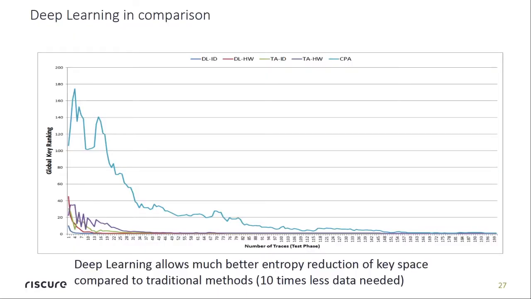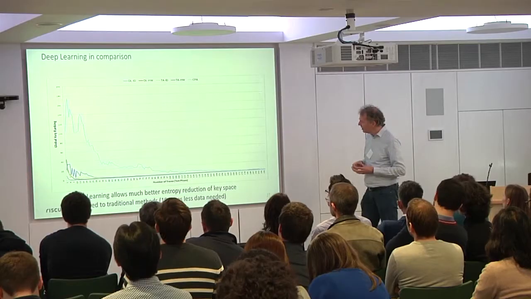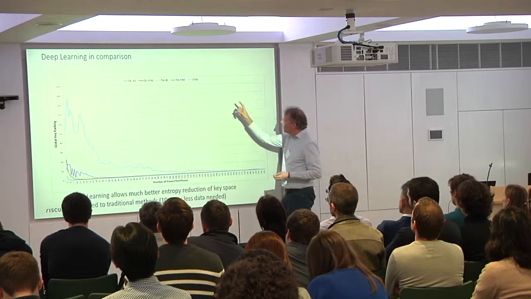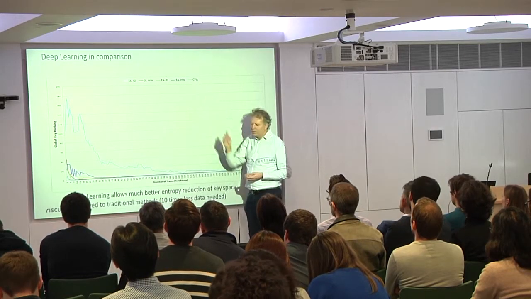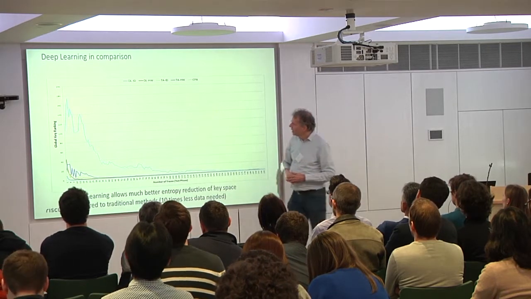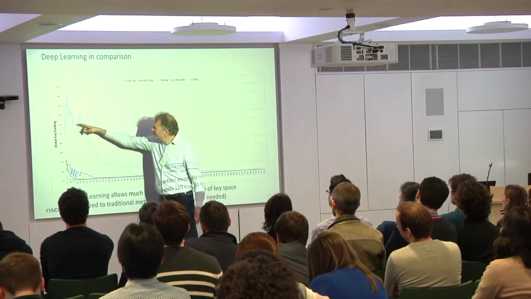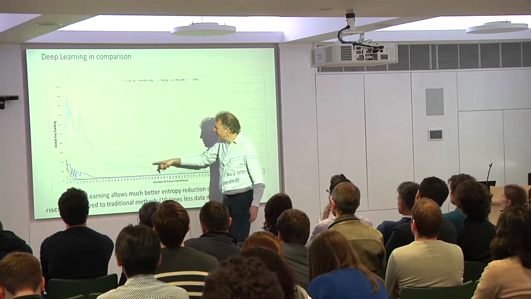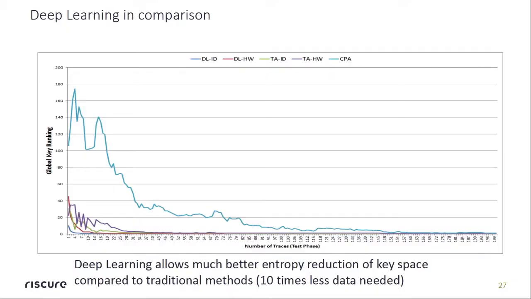So this is what we'll see in 2 minutes when we're finished. Deep learning can be compared to other methods being used in side channel analysis. The method that was most popular 15 years ago was called CPA, correlation power analysis. This graph shows how CPA manages to reduce the key entropy for each key byte.